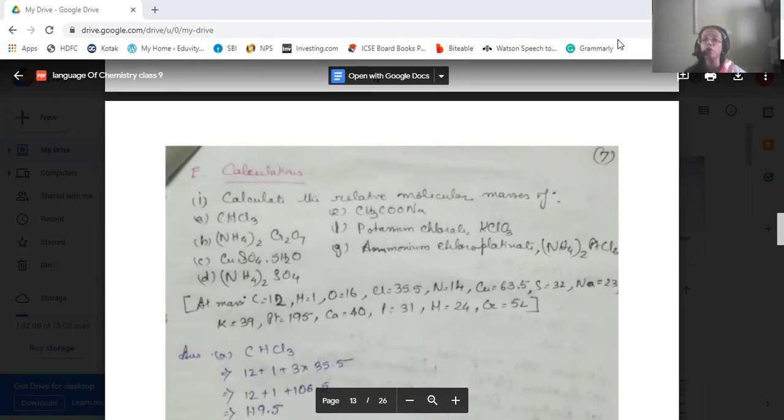Calculate the relative molecular mass of CHCl3, CH3COONa, (NH4)2Cr2O7, potassium chlorate that is KClO3, CuSO4·5H2O, ammonium chloroplatinate that is (NH4)2PtCl6, then (NH4)2SO4. The atomic masses are given: carbon 12, hydrogen 1, oxygen 16, chlorine 35.5, nitrogen 14, copper 63.5, sulfur 32, sodium 23, potassium 39, platinum 195, calcium 40, phosphorus 31, and chromium 52.